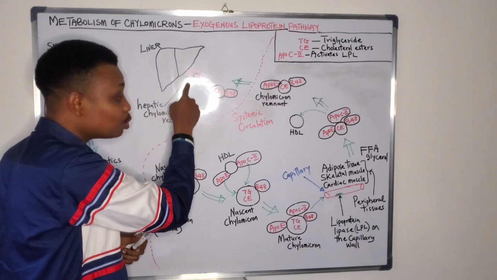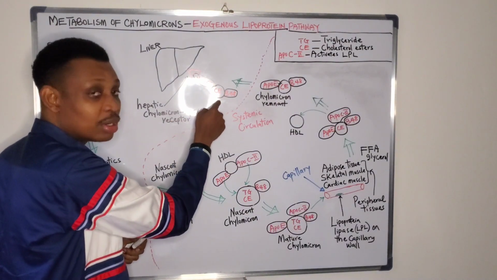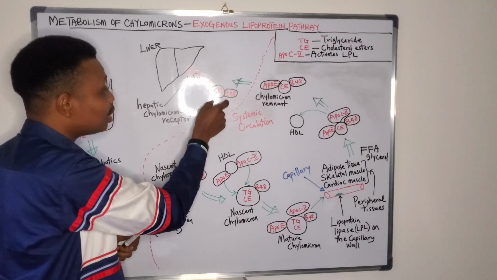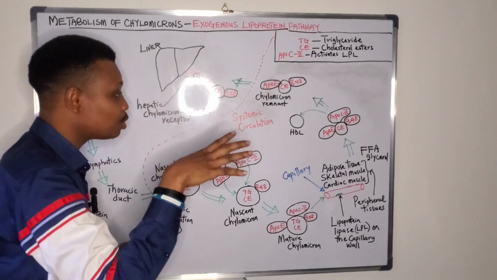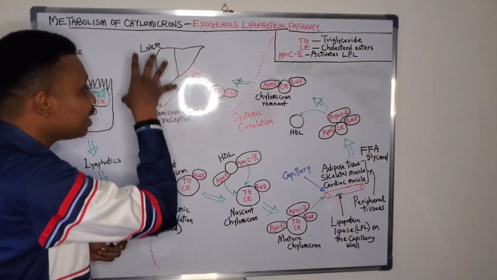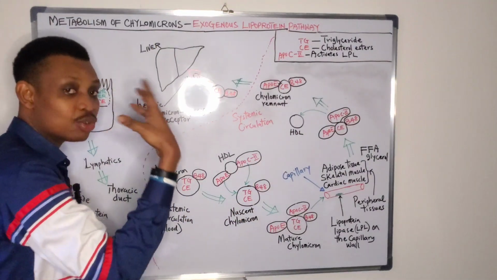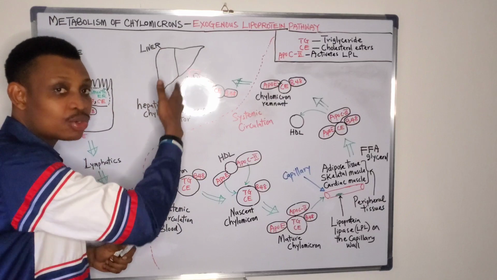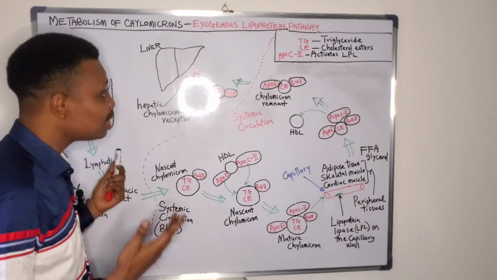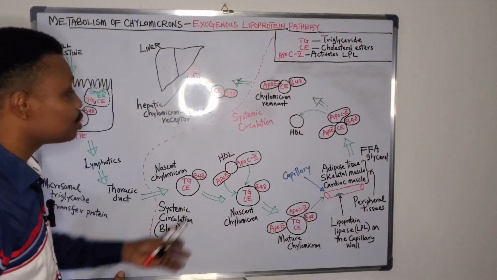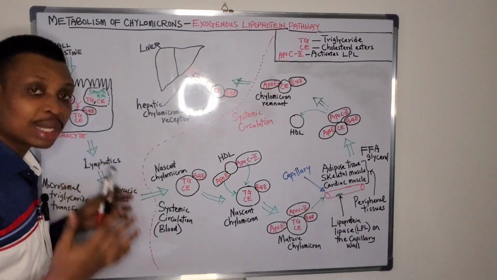Once the ApoE is bound, the chylomicron remnant will go into the liver through a process of endocytosis. And on entry into the liver, it will be hydrolyzed, and the contained cholesterol esters will be liberated into the liver. So basically, this entails the metabolism of chylomicrons.